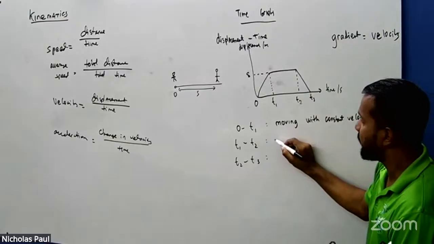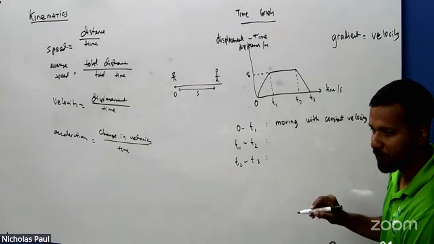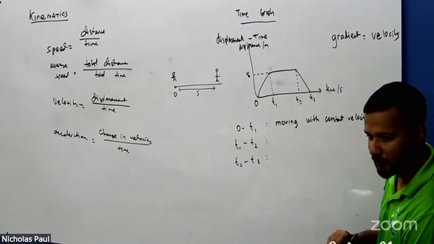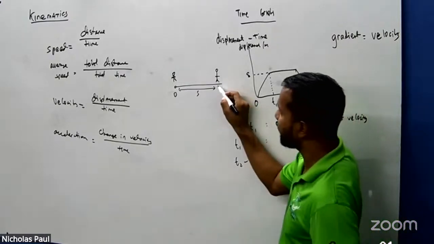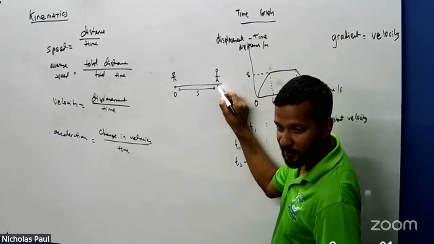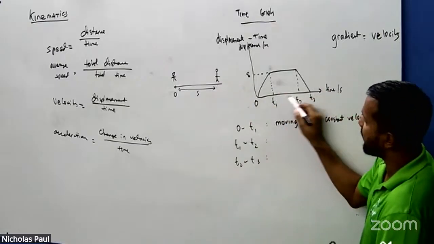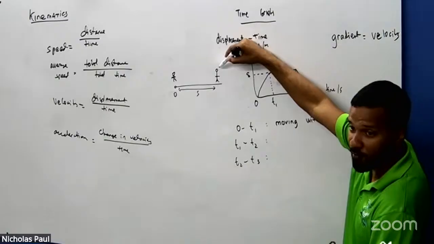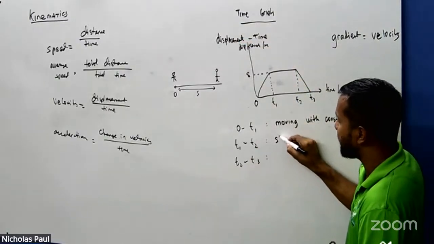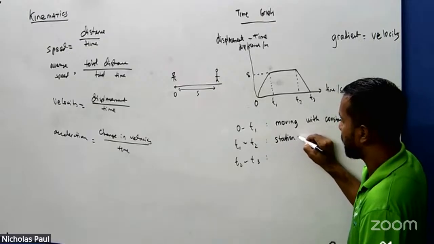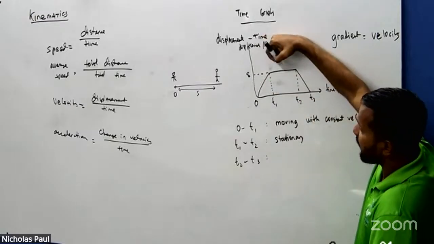Time is changing, but S is staying the same. Would he be moving? No. So between T1 and T2, he is stationary. If you see a horizontal line, it means stationary.